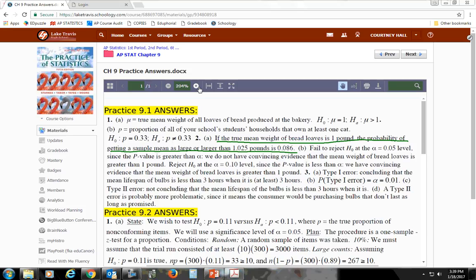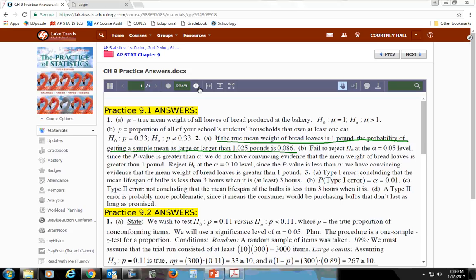If I said that the p-value is 7% for the cat problem, part B, we would say if the true proportion of households who own at least one cat is, instead of 1 pound, what would we say? 33%, then the probability of getting a proportion not equal to 33% would be 7%. Did you hear how I changed it instead of larger than? I changed it to not equal to, because that was what our alternative hypothesis was.